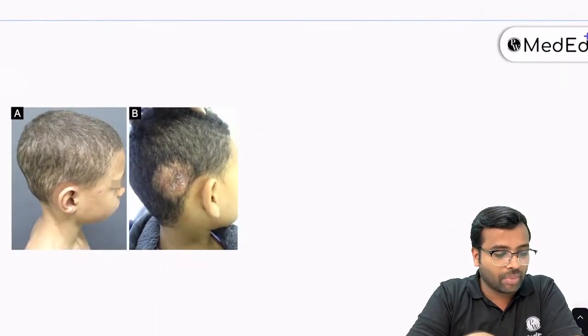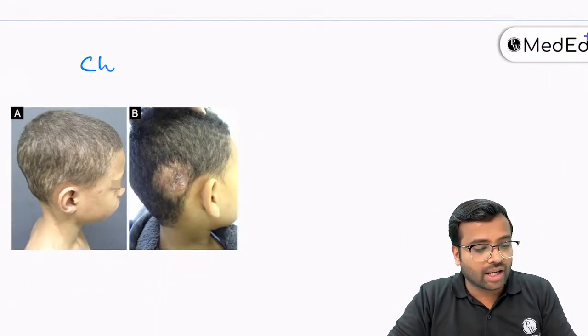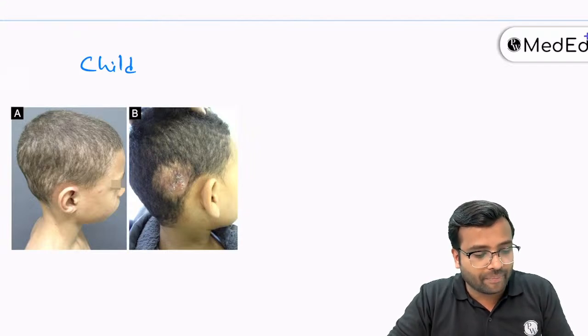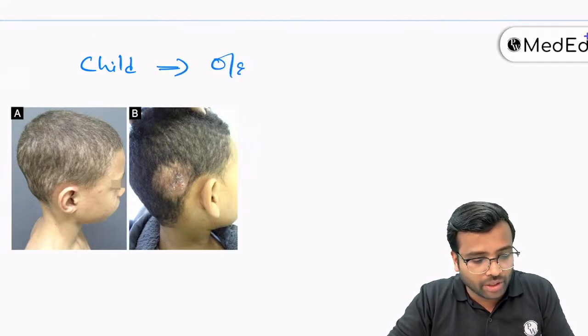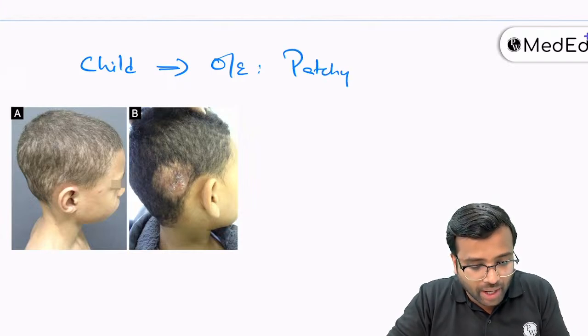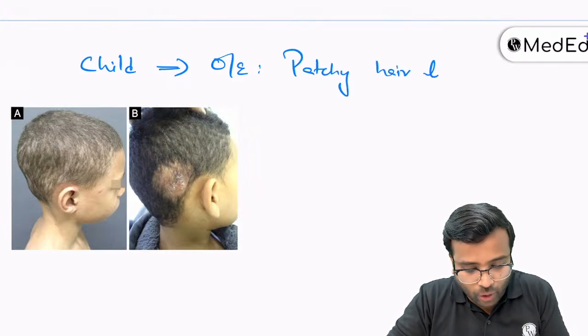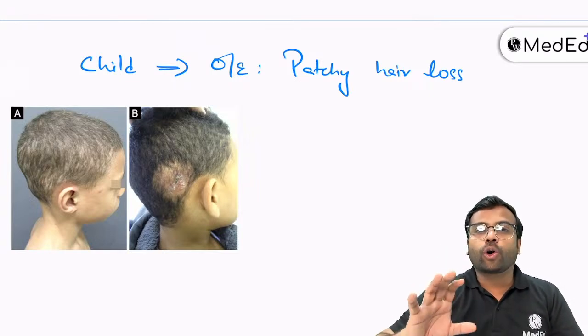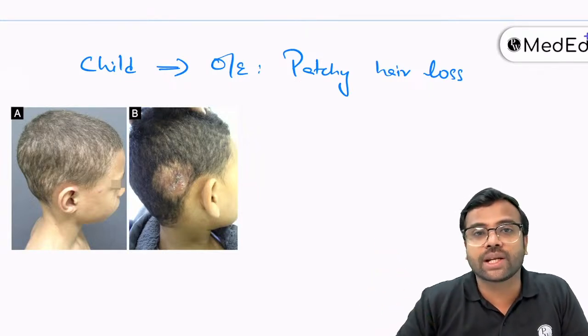Now let's imagine that a child comes to your OPD, and on examination you can see again a patchy hair loss. How many of you think that autoimmunity is very common in children?